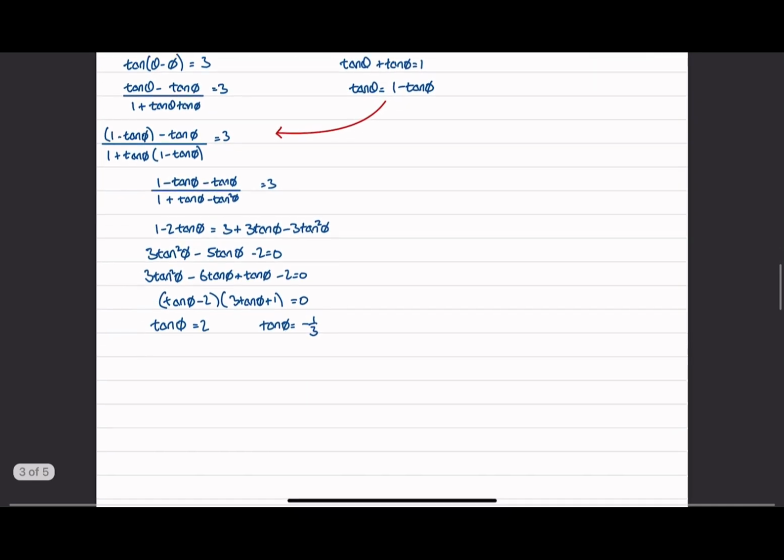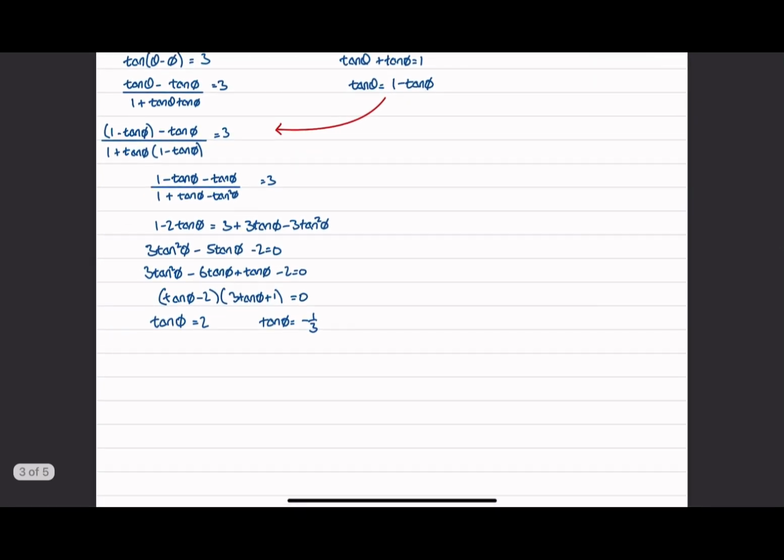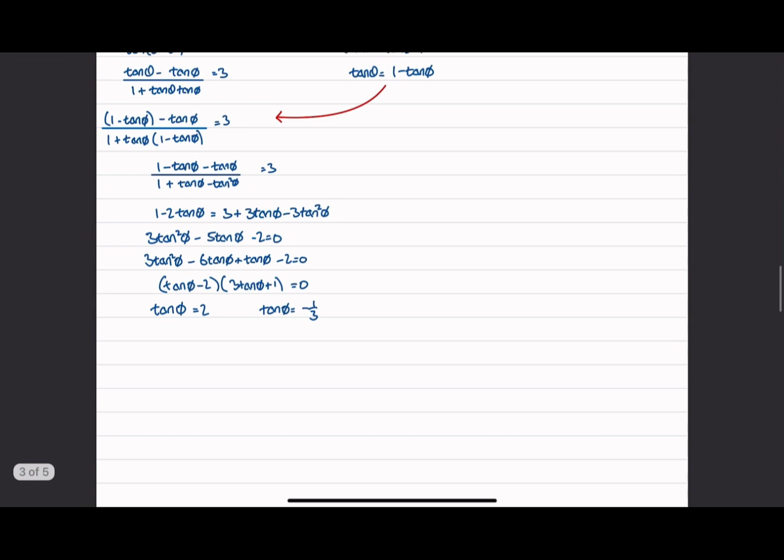So now I can put these back into my tan theta equation, which was tan theta equals 1 minus tan phi.